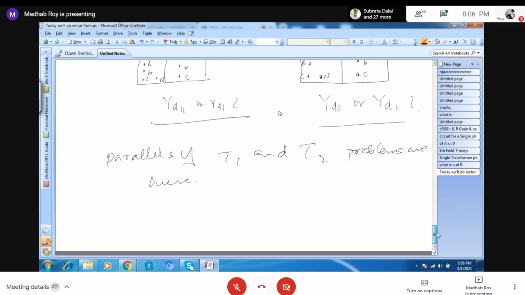First, let us know the meaning of parallel. Now you have to remember for parallel operation what we have to maintain.